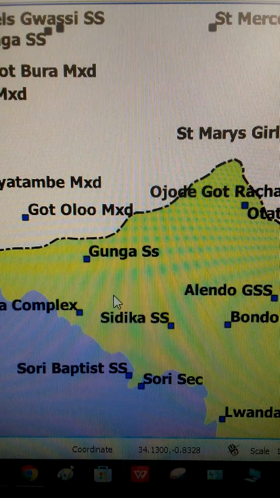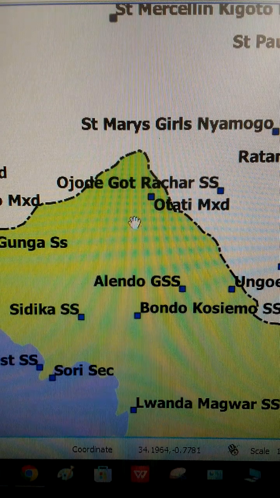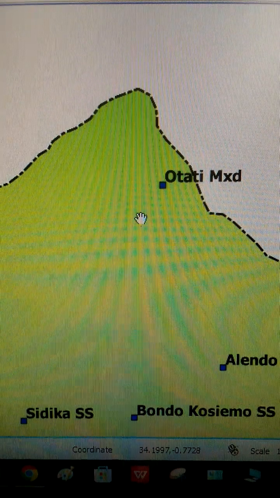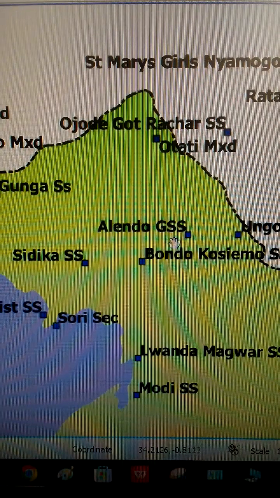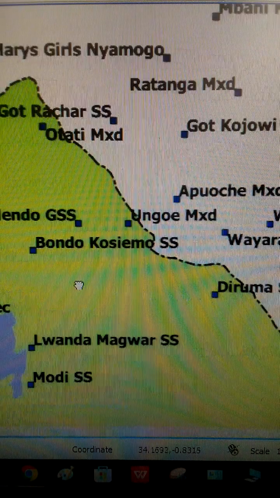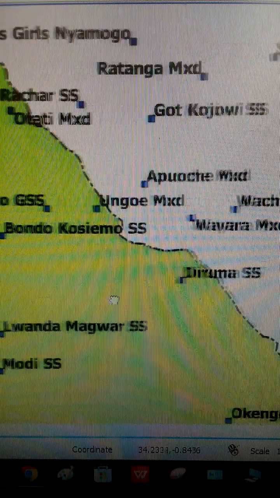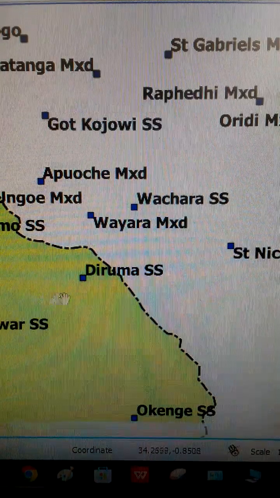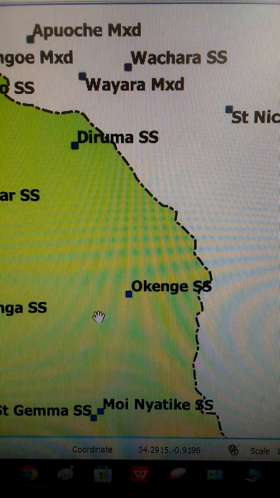Then going towards the north, we have Gunga Secondary School. To the very north, we have Otati Mixed Secondary School. This is Alendo Girls Secondary School, Bondo Kosiemo Secondary School. We have seen Luanda Magwar. Now we have Diruma Secondary School and Okenge Secondary School.